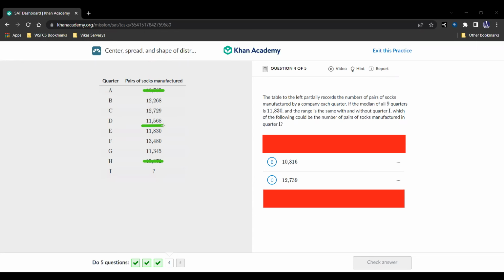Right? And we see that 11,830 right here is supposed to be the median. So that means that it has to be out of these 5 plus this extra one over here in I. There has to be 3 on each side of it.